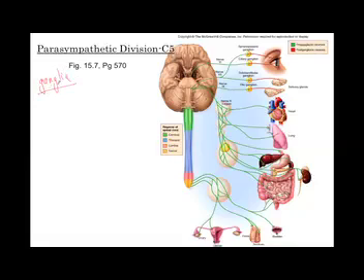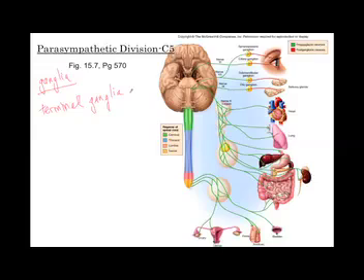Let's talk about ganglia. Just like sympathetic, we have autonomic ganglia, except they're a little different. These are called terminal ganglia. And these terminal ganglia are going to be either right directly on the effector or very, very close to the effector.